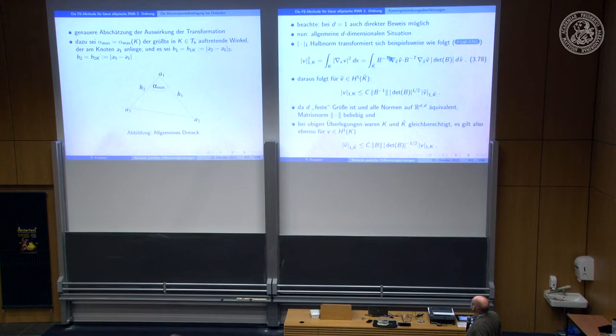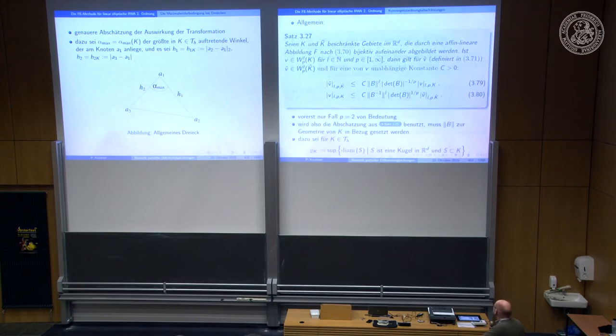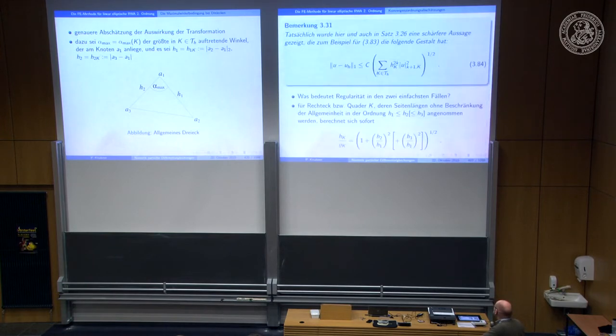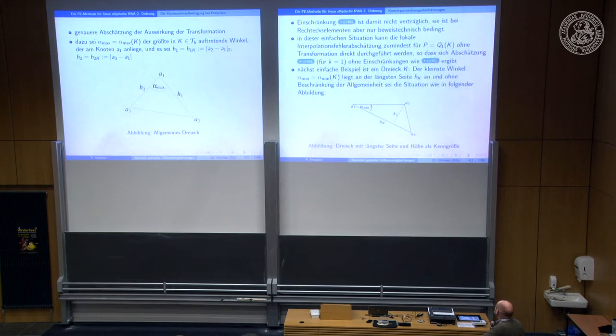Here in the B to the minus d, we have seen that we have a 1 over determinant of B, and then these three parts go together with 1 over determinant of B. Minus 2 plus 1. So it's okay. I had forgotten one factor.